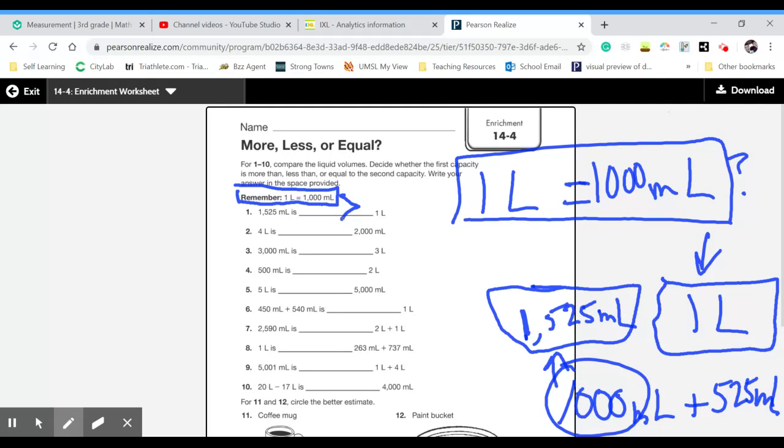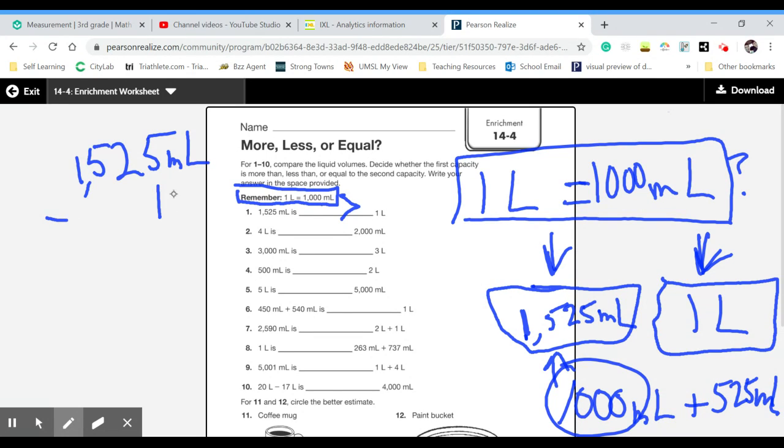Now, if you want to take it a step further, have your kids see how much more. How much more is this than this? So remember kids, if you hear how much more, you're always subtracting. So 1,525 milliliters, and subtract 1 liter.